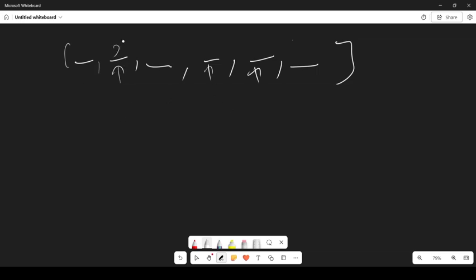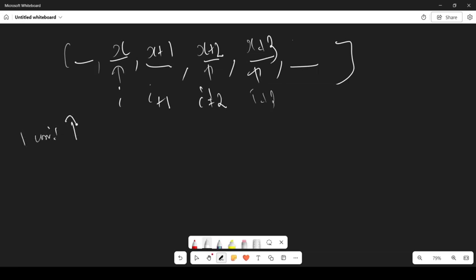If you have x here, and let's say this index is i, then with one increase in index, i plus 1, this x should become x plus 1, ideally. With another increase, i plus 2, this x should increase by another one and become x plus 2. At i plus 3, it should become x plus 3. So basically, for 1 unit increase in i, we want 1 unit increase in x, right?